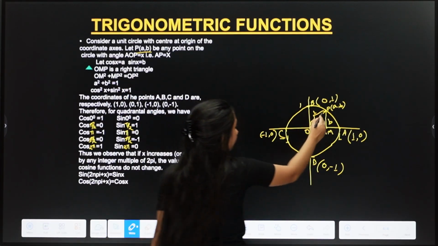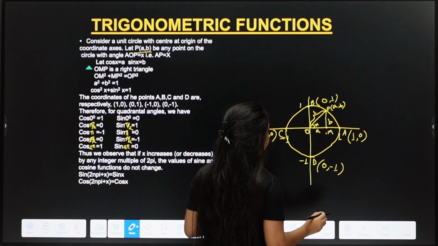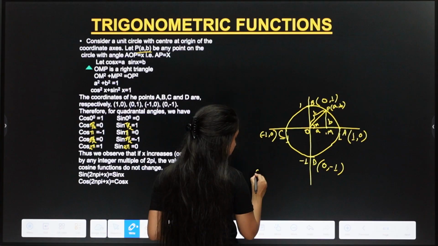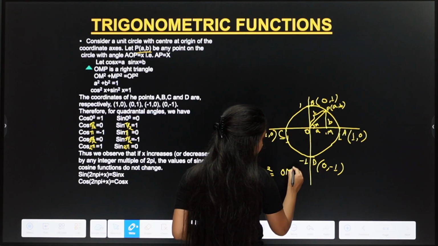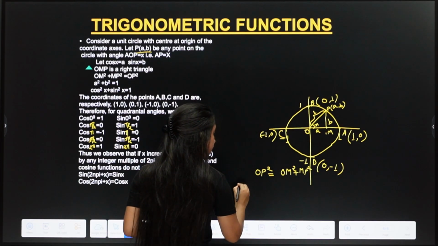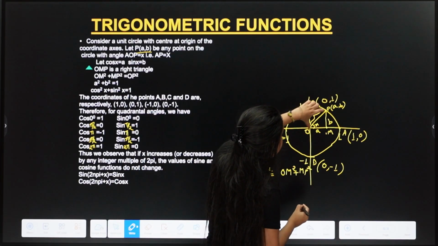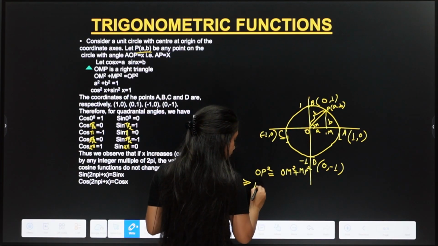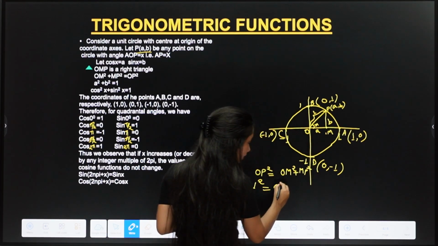Since this triangle OMP is a right angle triangle, we have a formula, that is OP square equal to OM square plus MP square. Then we can see that OP is 1, since this is the radius of the circle, so 1 square equal to OM is A, then A square.